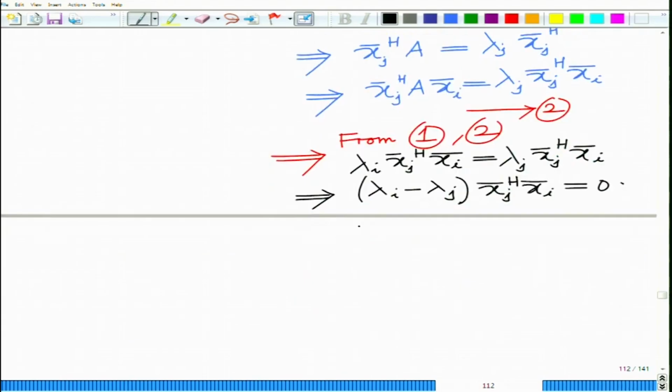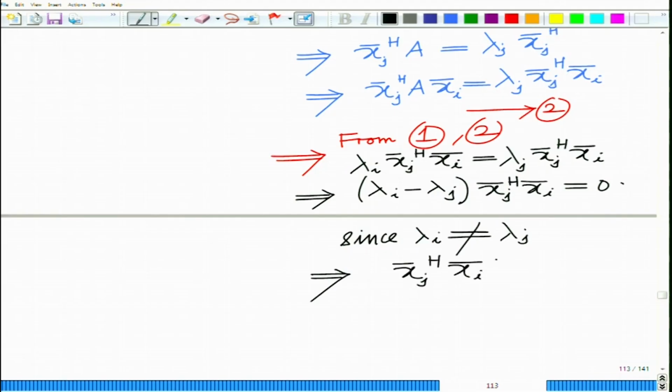And now since lambda i is not equal to lambda j, remember that is a key point, otherwise lambda i minus lambda j can be 0, this implies xj bar Hermitian xi bar equals 0.